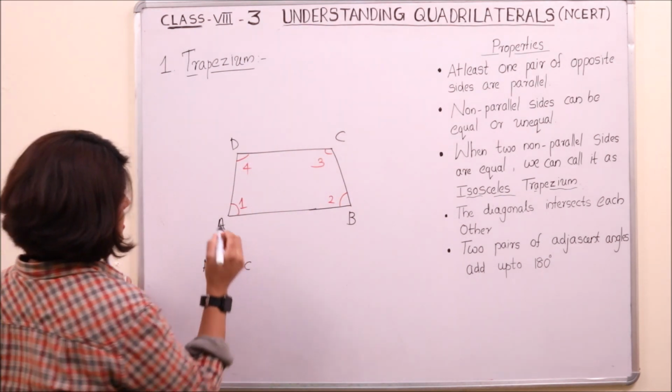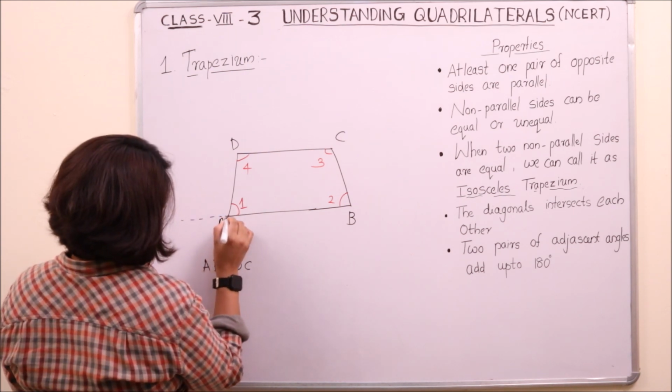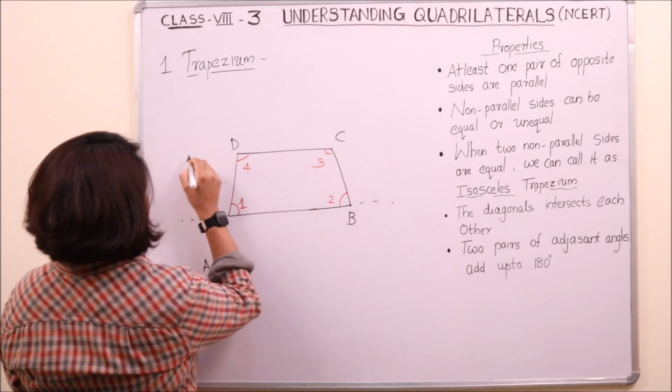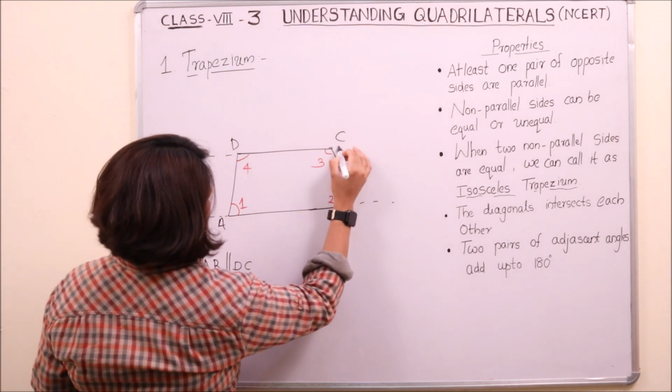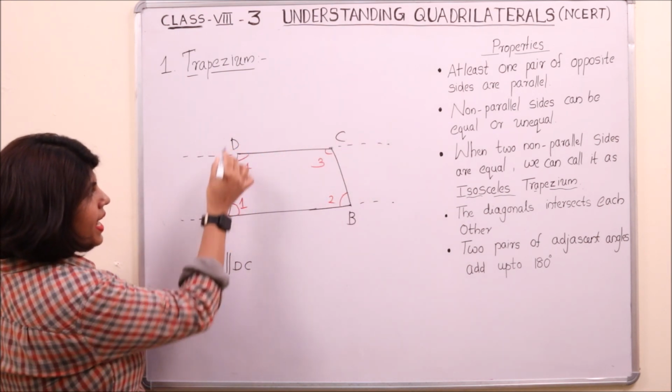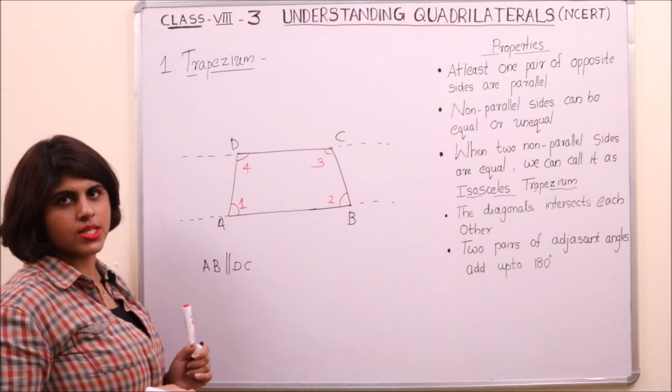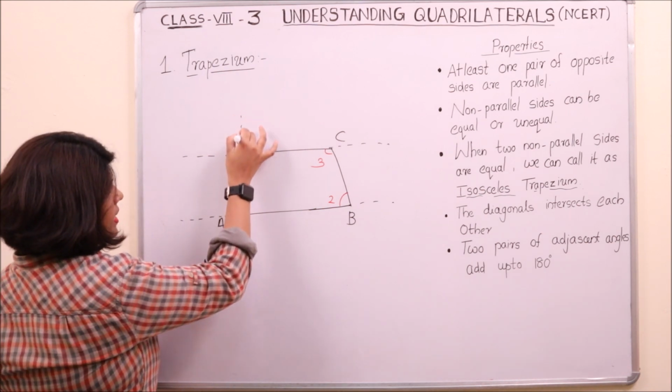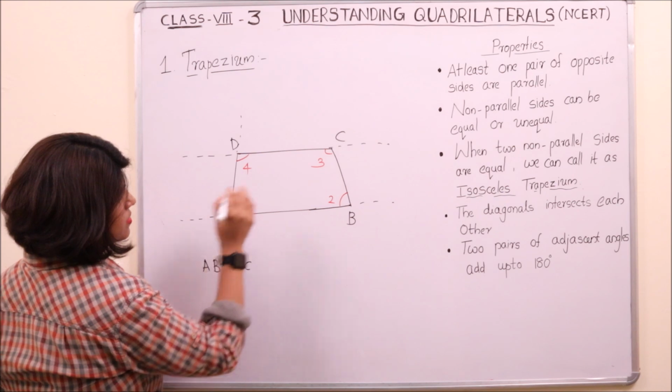If we extend the sides AB and CD, this AD acts as a transversal, and similarly BC will act as a transversal.